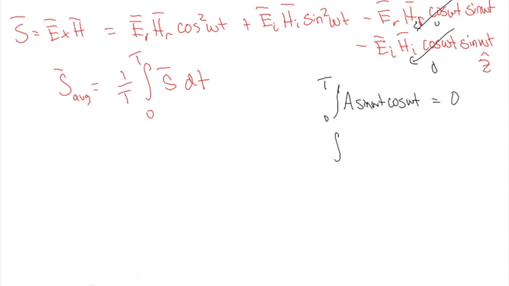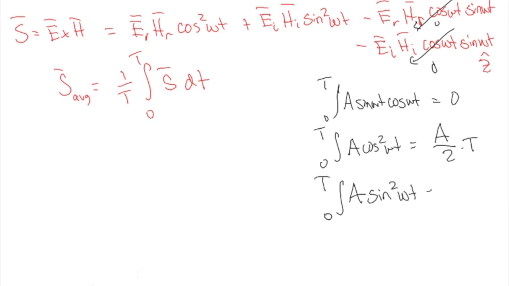And then for the other two, we know that the integral over a period of a times cosine squared omega t equals a over 2 times the period, and the integral over the period of a times sine squared omega t equals a over 2 times the period.